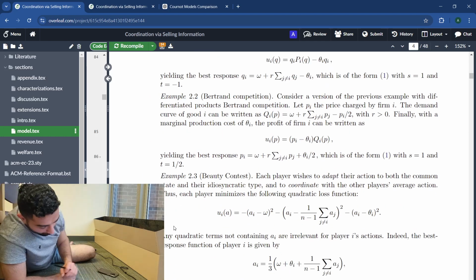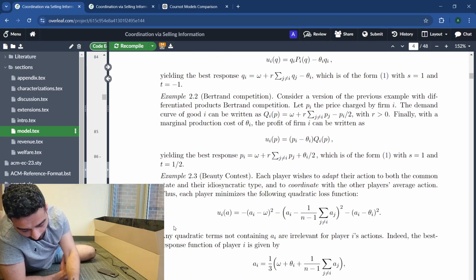So then I can say r is positive and s is 1, and okay, here we will have minus PI times theta I over 2. So t is minus 1/2.